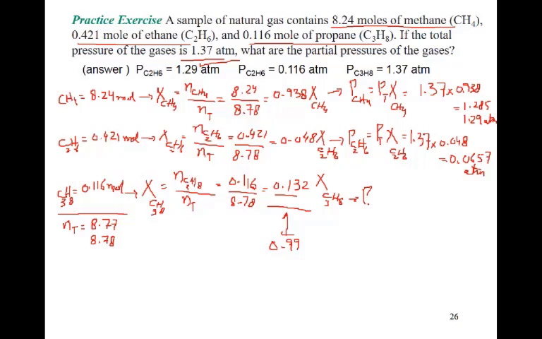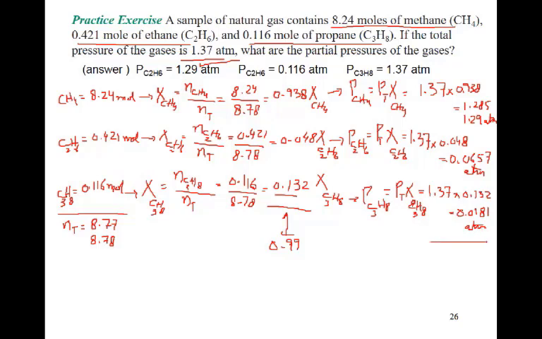So the partial pressure of C3H8 is equal to total pressure multiplied by the mole fraction of C3H8, which is the total pressure 1.37 multiplied by 0.132, and this is equal to 0.0181, that is also atmosphere.